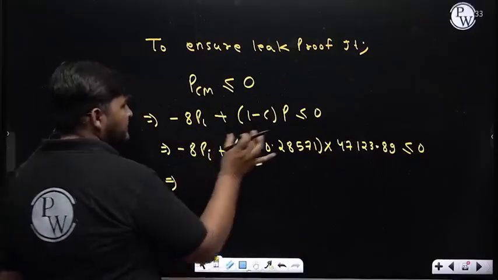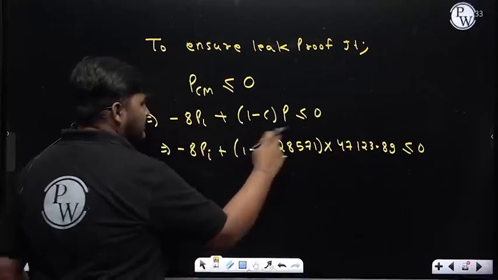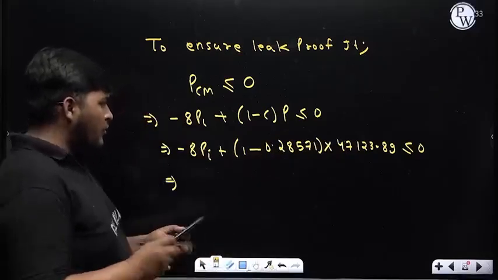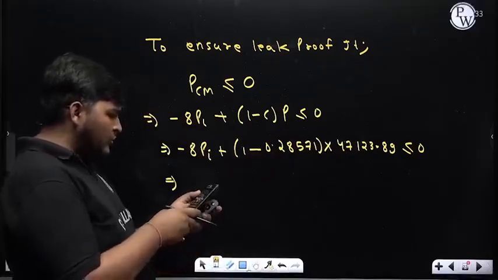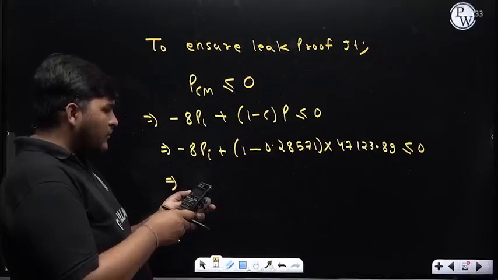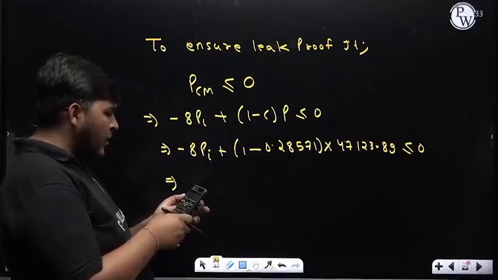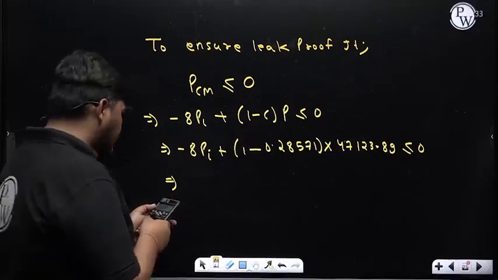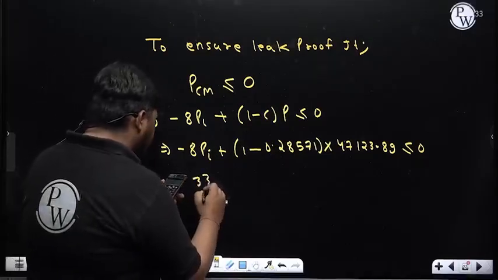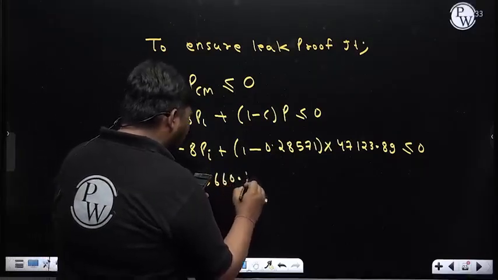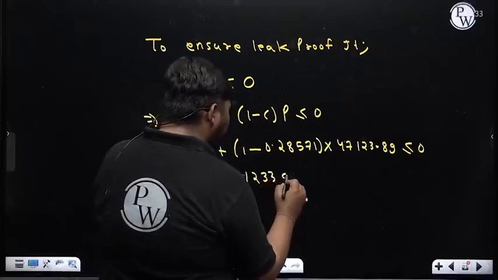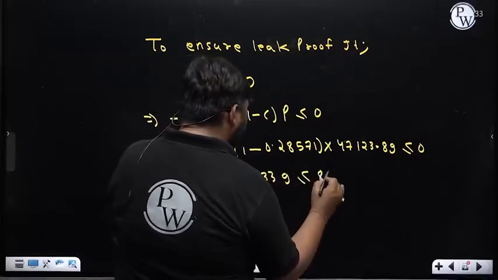Okay, if we bring this part to this side, this part is 8. While calculating the limiting value, you can use the equal to sign directly. 47123.89 into 1 minus C. C is 0.28571, it is coming 33660.12339. That should be less than or equal to 8 pi.